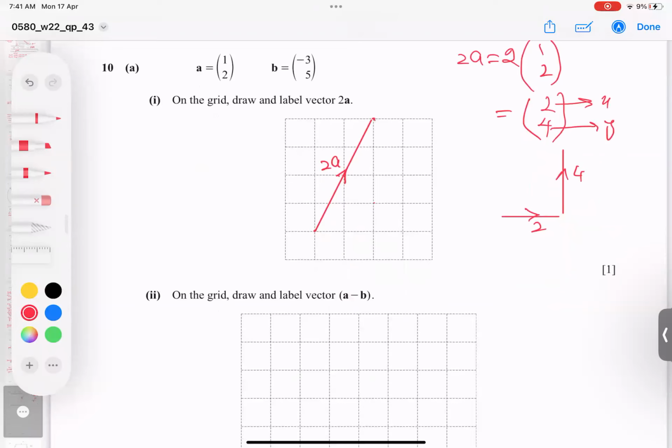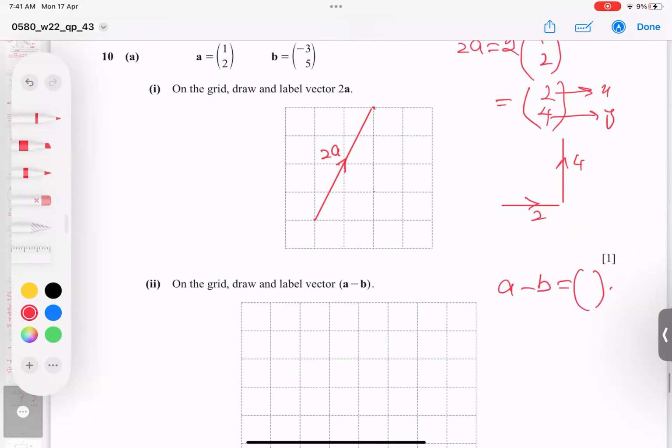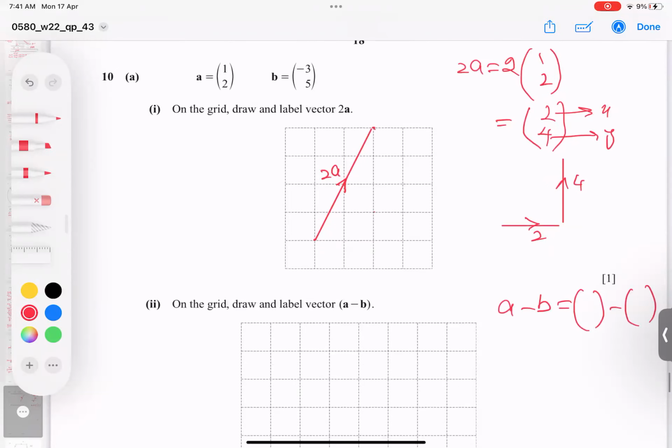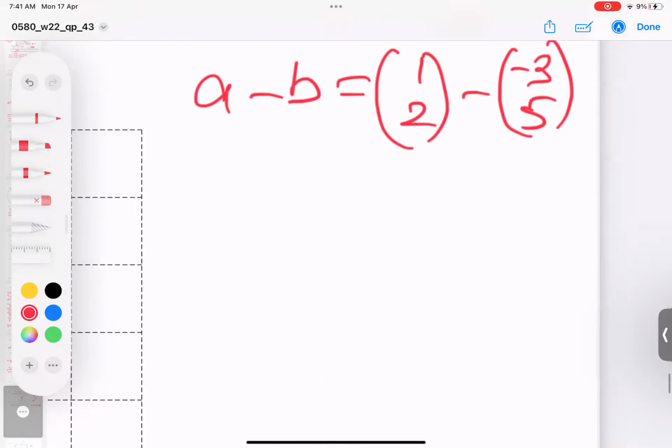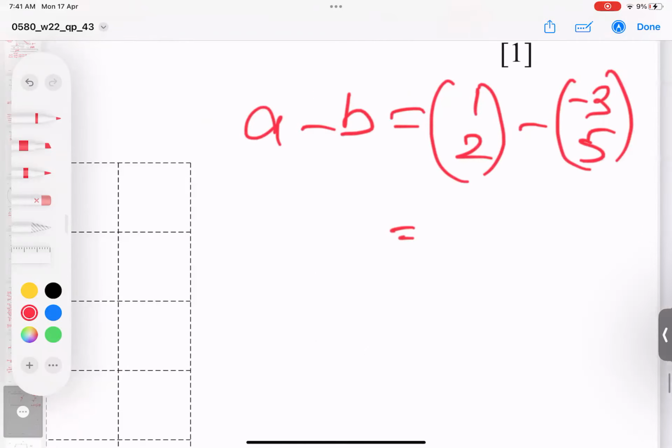So A minus B. For your knowledge, I can do it in 2 ways. A minus B, where the A value is 1, 2 and the B value is minus 3, 5. If I solve this one, students, what happens? You can see that minus minus becomes plus.